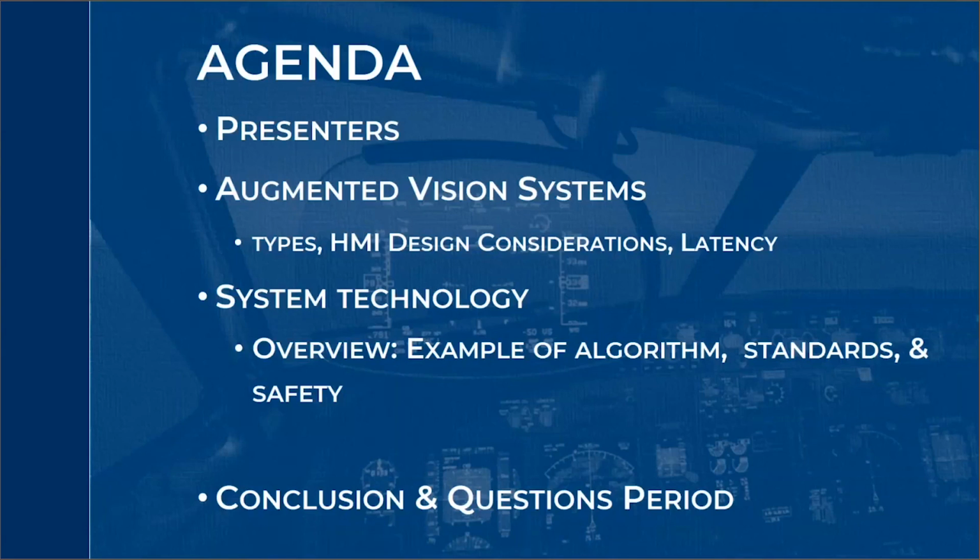We're going to look at the augmented vision systems, just introduce the types, some of the HMI design considerations and challenges that we have here, and look at the latency problems as well with some of these augmented vision systems. In the second part, we're going to look at some of the system technology, algorithms, how they can be applied, the standards and safety around that, and then we'll end up with a conclusion and question period on all of this.